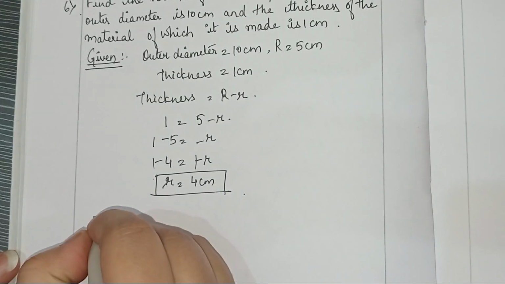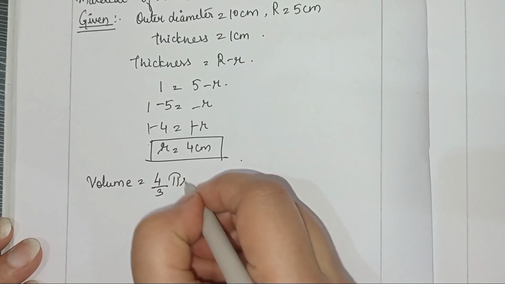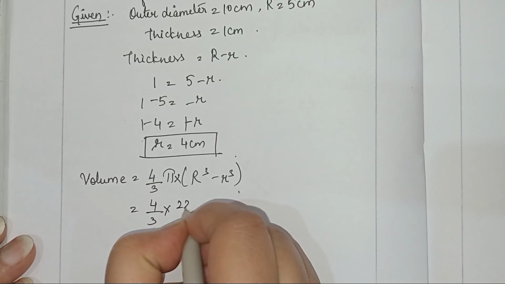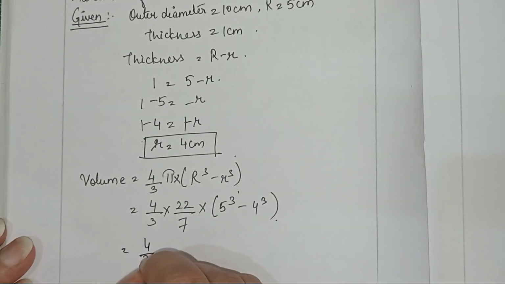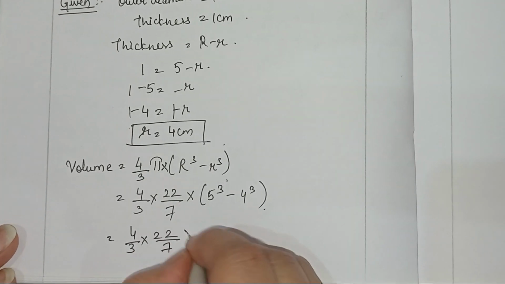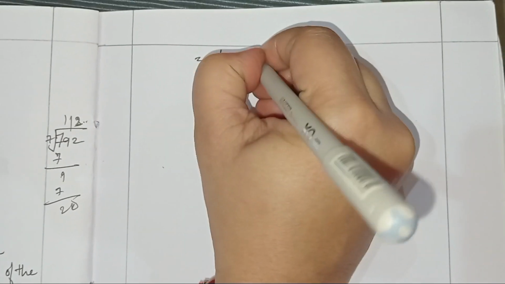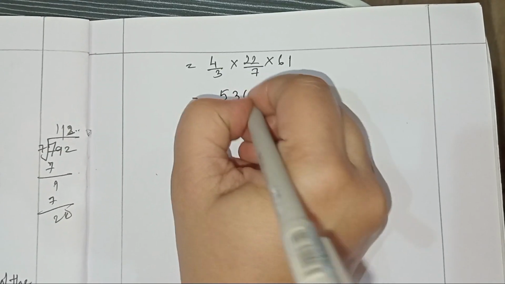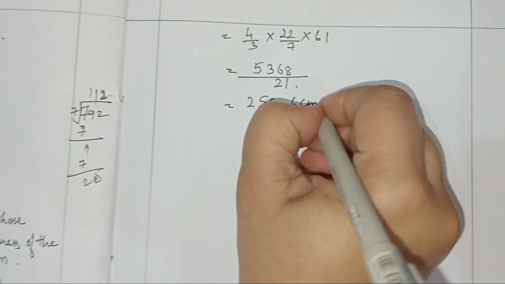Volume is equal to 4/3 pi into R cube minus r cube. 4/3 into 22/7 into 5 cube minus 4 cube will give you 4/3 into 22/7 into 125 minus 64, which is equal to 4/3 into 22/7 into 61, which will give you 5368 divided by 21, which gives 255.6 centimeters cube.